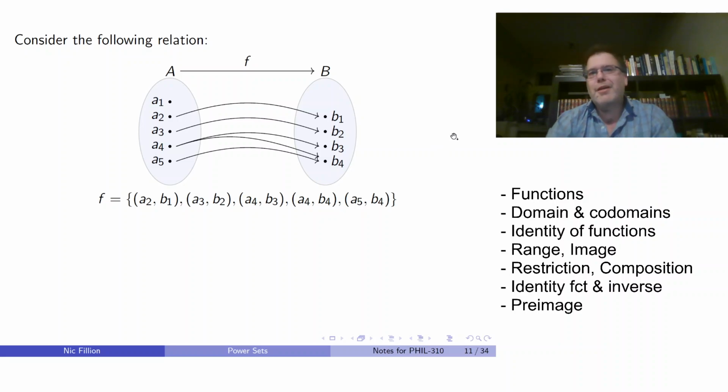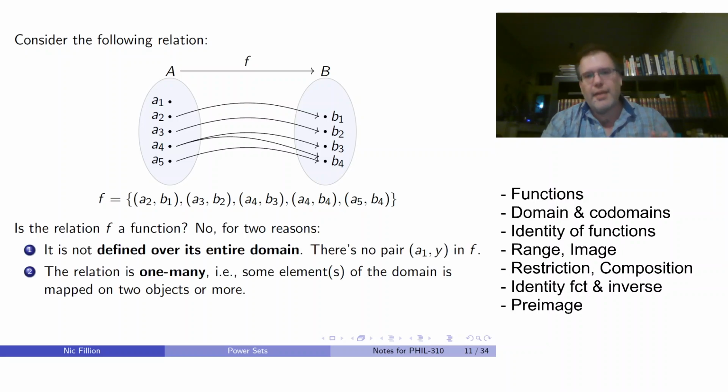And now we want to ask, well, is this relation a function? It's definitely a relation because it's a set of ordered pairs, and that's all there is to it, right? But is it a function? So the answer is no, it's not a function, and there are two reasons for that. The first one is that f is not defined for the entire domain, right? So if we focus now on element A1, we see that A1 isn't mapped onto anything, right?